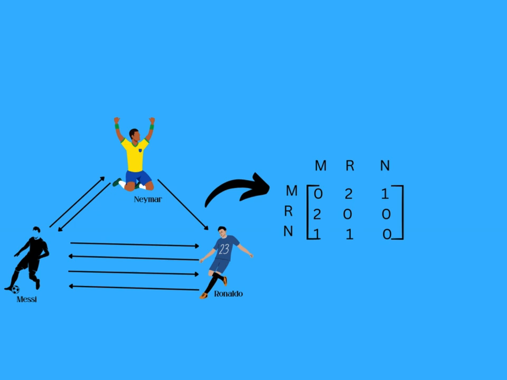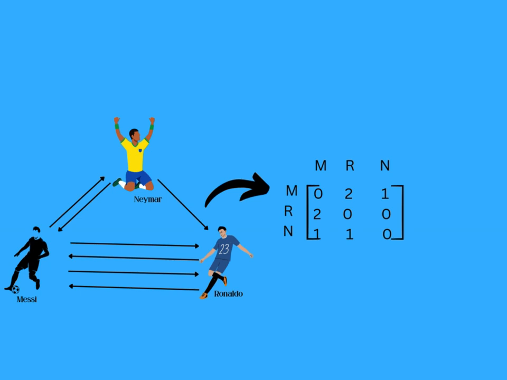That's why the value of second row and first column is 2. And we have already talked about that Ronaldo cannot pass the ball to himself. That's why the value of second row and second column is 0. And the value of second row and third column is 0 because Ronaldo didn't pass the ball to Neymar. In the same way we can also explain the third row.